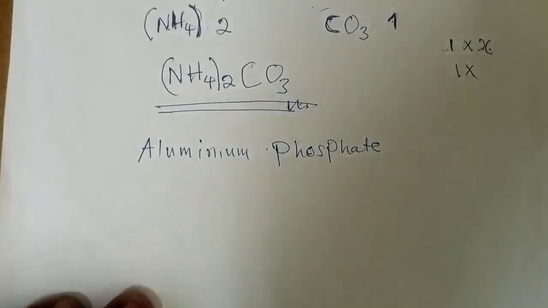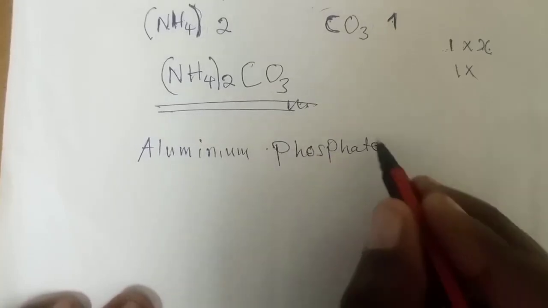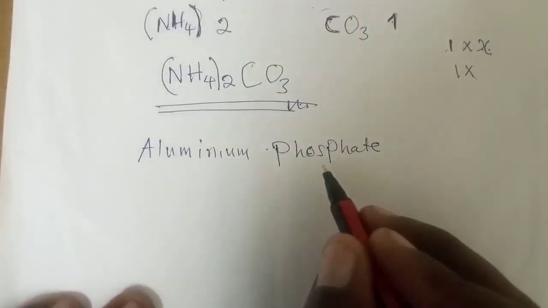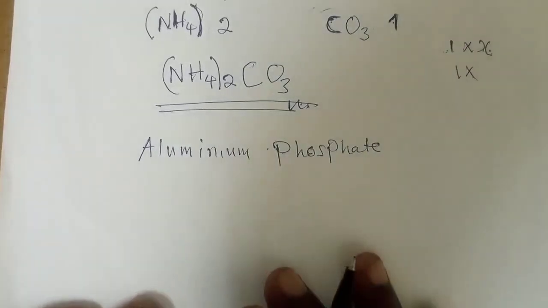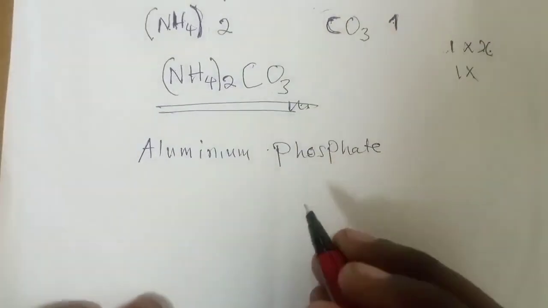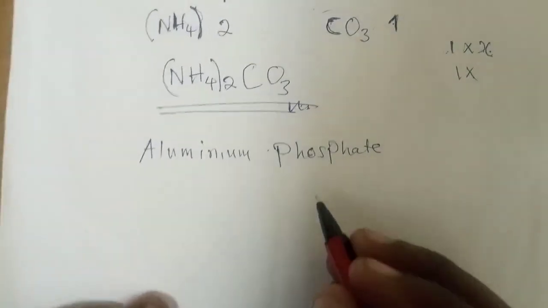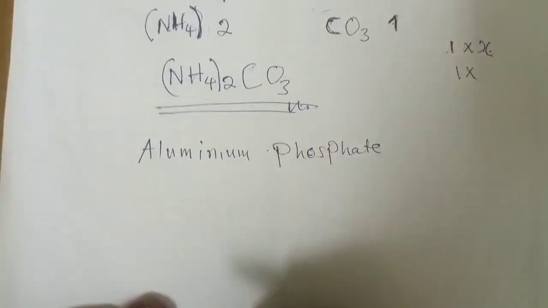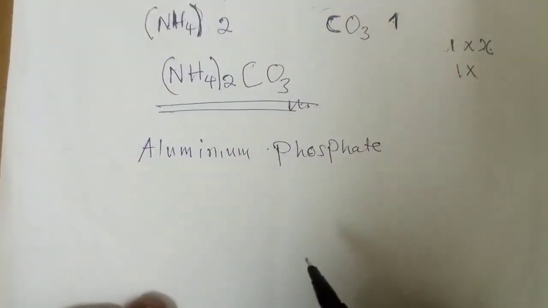Aluminium phosphate. So I actually gave you this one as a radical. Okay, I sent you that paper where there are radicals there. So you need to know its valence number. You need to know its chemical formula. How do you write the chemical formula? How do you write the formula for phosphate?